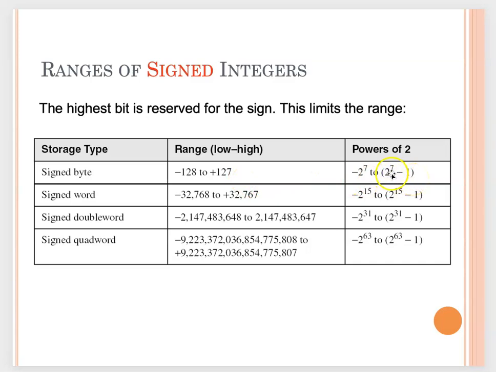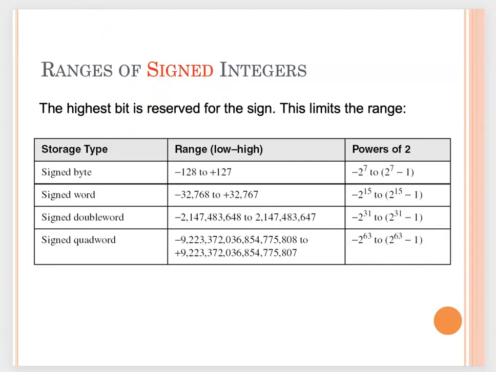You can see we lose 1 bit to represent the sign. For positive, the maximum is 2 to the 7th power minus 1. For negative, you can go down to -128. The same thing applies to 2 bytes, 4 bytes, and 8 bytes. So that's the signed integer.